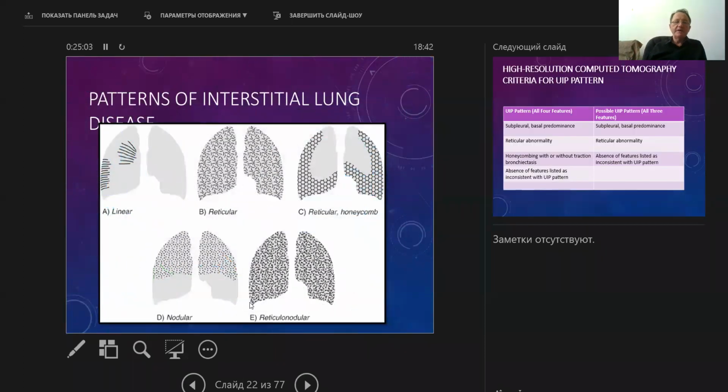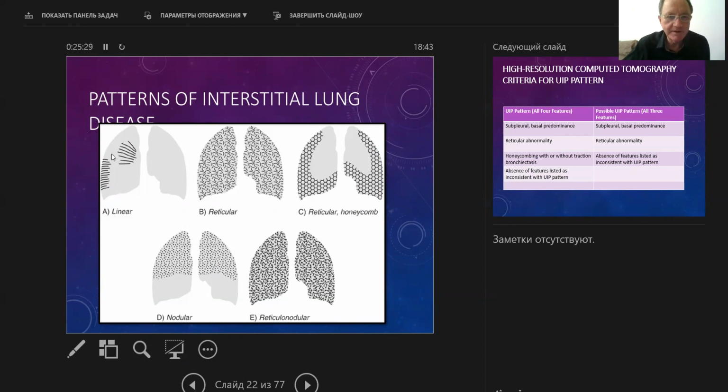And I would like to revise your knowledge of the patterns of radiographic interstitial lung disease. Changes in the lung interstitium lead to different types of opacity.